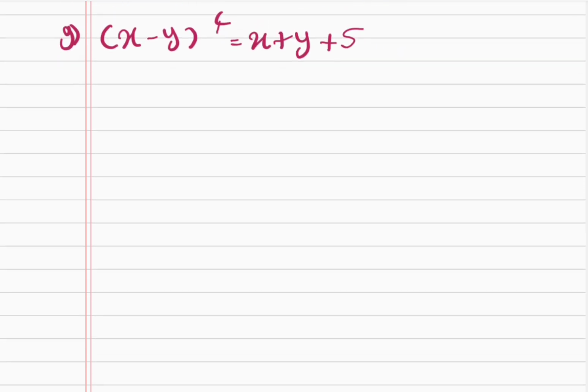The first one is G, which is (x minus y) to the power of 4 is equal to x plus y plus 5. When we want to differentiate this, we should be very careful with implicit differentiation, because it's very easy to go back to our usual differentiation when we didn't have a y term or dependent term, and just differentiate the usual way.